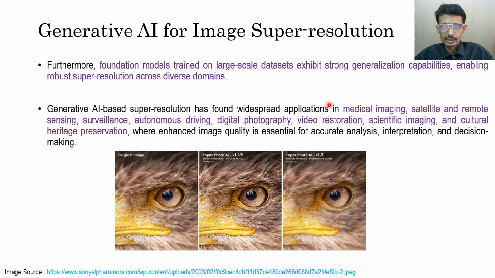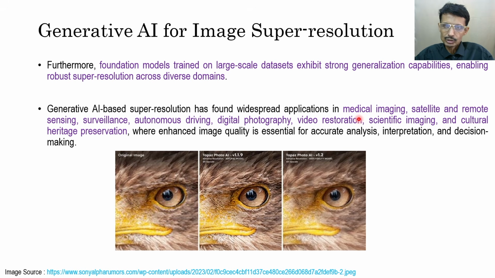Furthermore, foundation models trained on large-scale datasets exhibit strong generalization capabilities, enabling robust super resolution across diverse domains. And you can see here, generative AI-based super resolution has found widespread application in medical imaging, satellite and remote sensing, surveillance, autonomous driving, digital photography, video restoration, scientific imaging, and cultural heritage preservation.